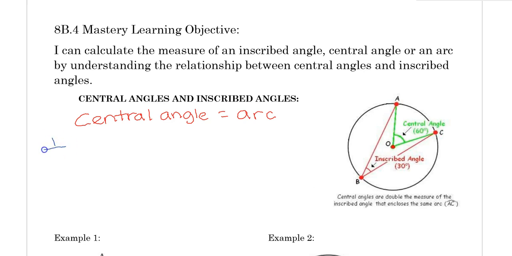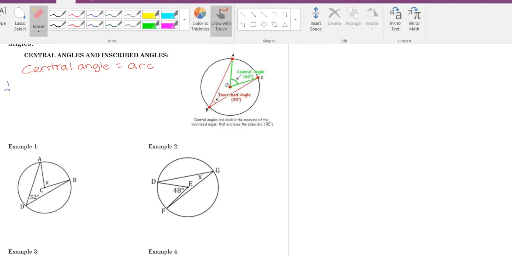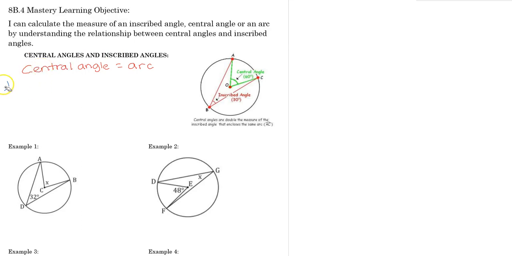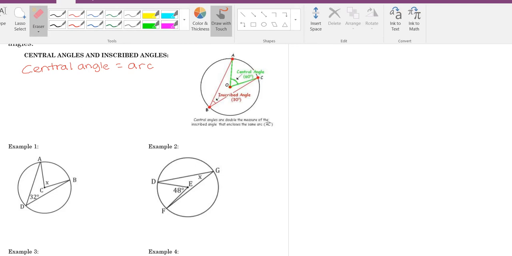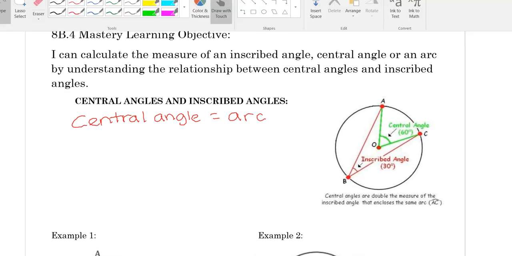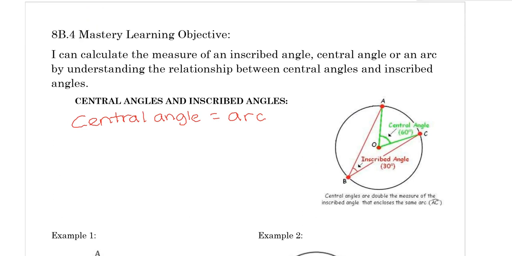And then that we have 2 times the inscribed angle is equal to the arc. Okay. So with this, right, that's what we just learned in B2 and B3.